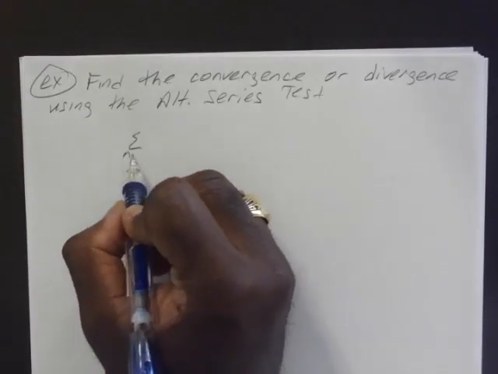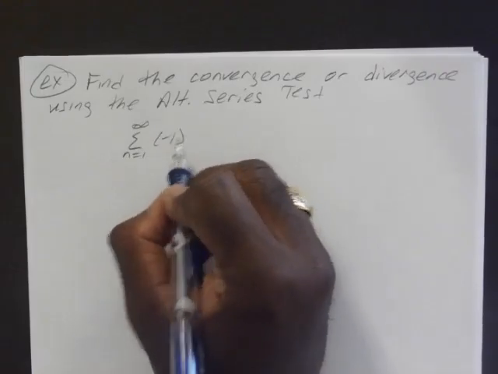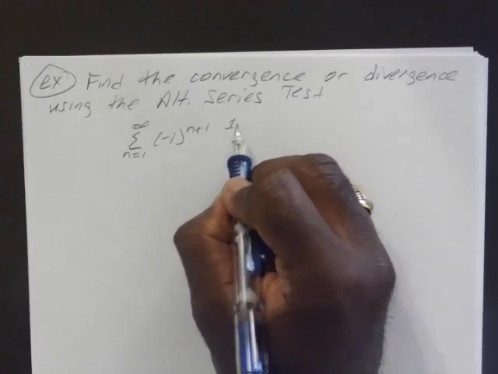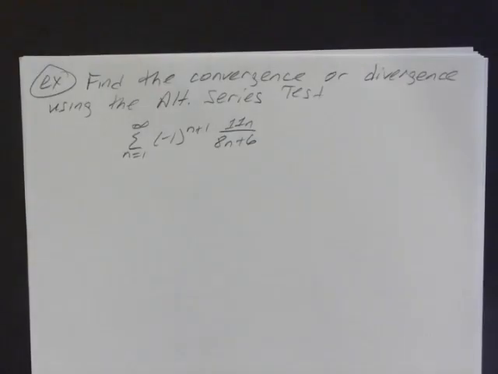And you have the sum from n equals 1 to infinity, -1 to the power of n plus 1 times 11n divided by 8n plus 6.